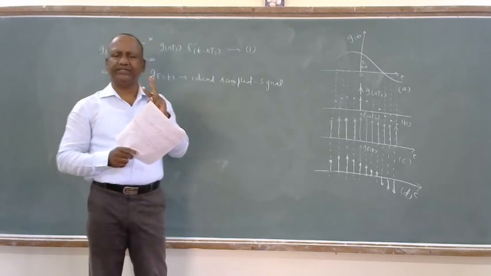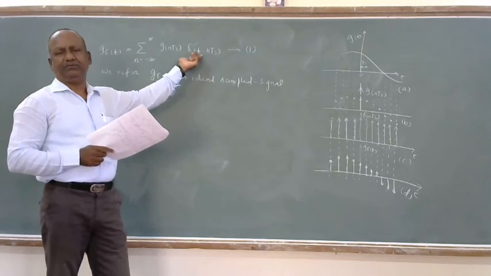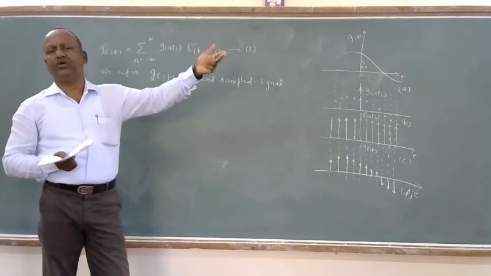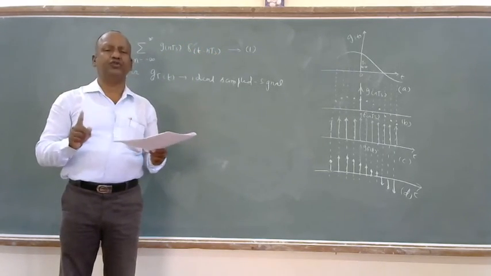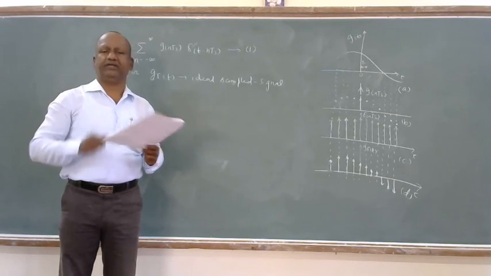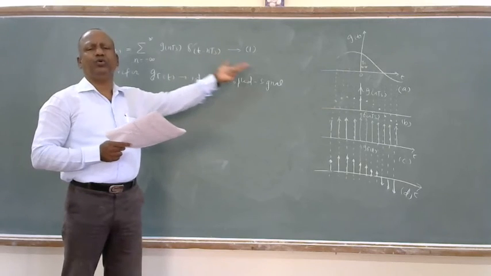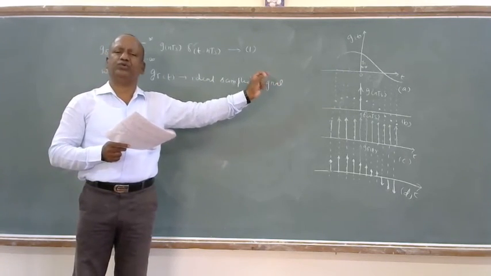By using two methods, it is possible to find the Fourier transform of equation 1. Because I have to prove that if I do sampling in the time domain, then in the frequency domain its Fourier transform, the spectrum, is going to become periodic.